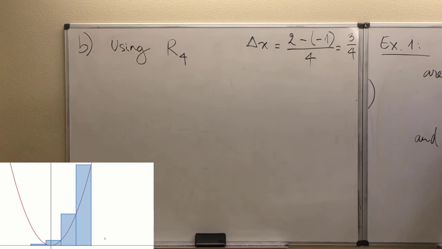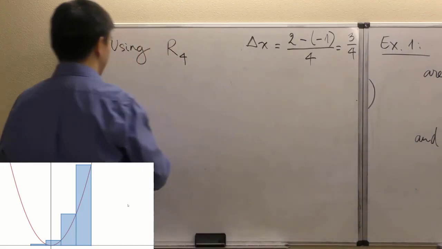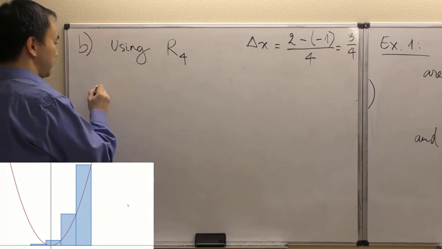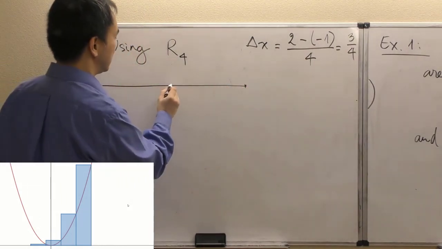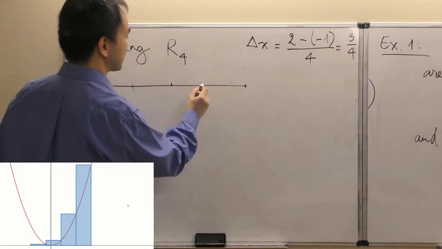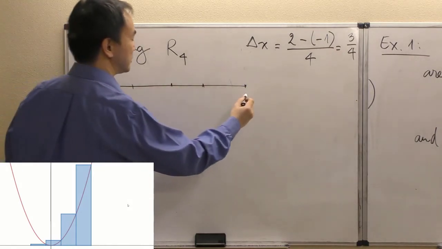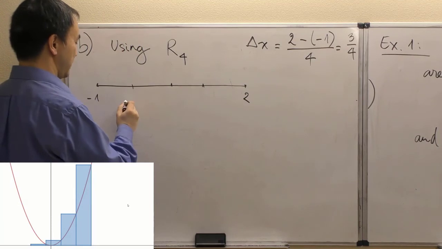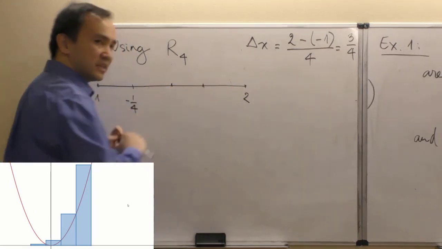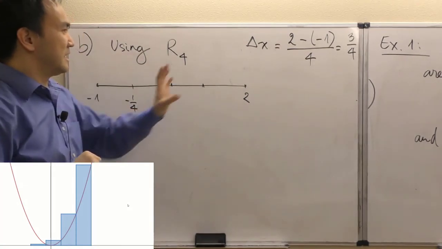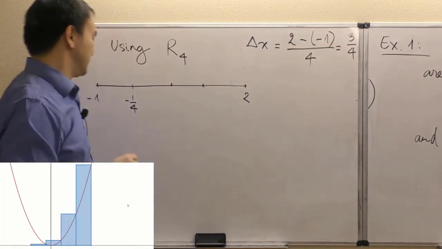And so now I'm going to once again remind anyone about these partition points right here. So these are our partition points. And then very shortly I'm going to have to erase that. Okay, -1 is here, 2 is here. So at that point here is a -1/4 because each of the little delta x here is a 3/4 space.